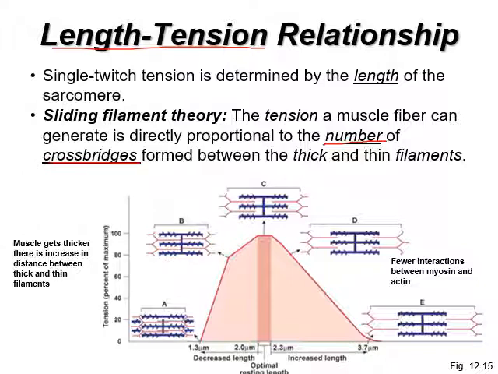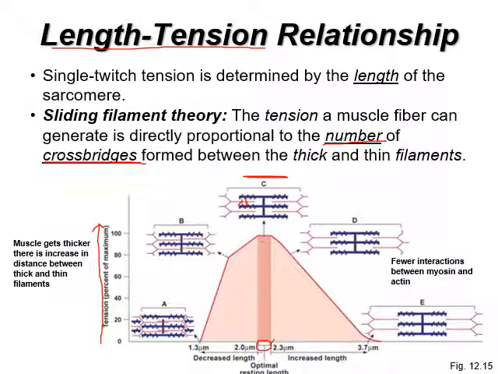So you can see, going up on this axis is tension being created, here being the maximum at C. That's the greatest tension because there is an optimal resting length for those sarcomeres in my muscles. Here you can see there's lots of ability for interaction between myosin and actin. We can get a great amount of cross bridging.